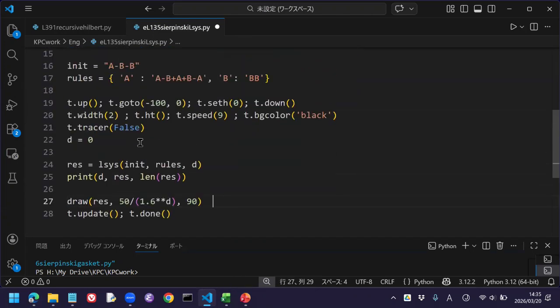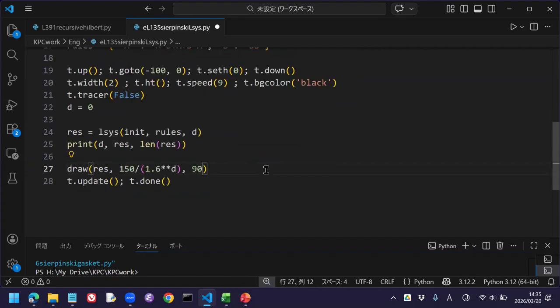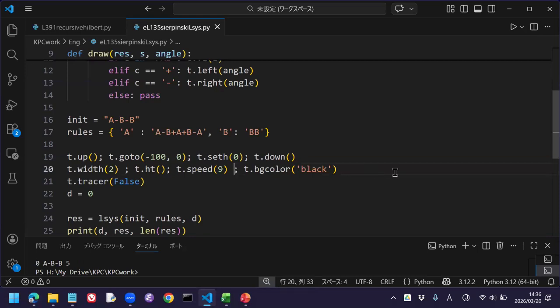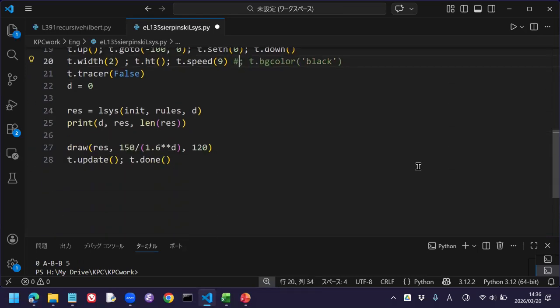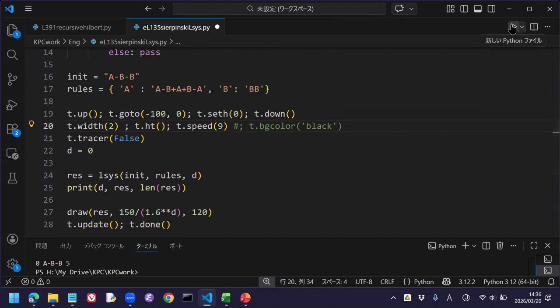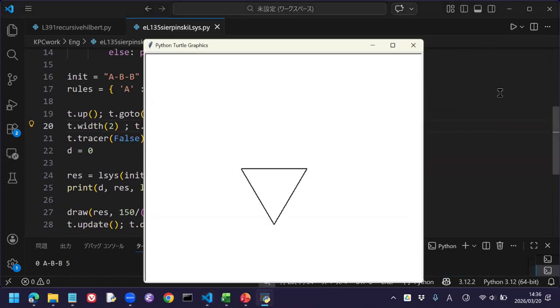It's very simple: d equals 0, compute the L system, put it into res, check its contents, and res equals, say, maybe a little longer. Let's see, 120, 150. And the angle is, as I said, 120. We don't need the color. Is it good?